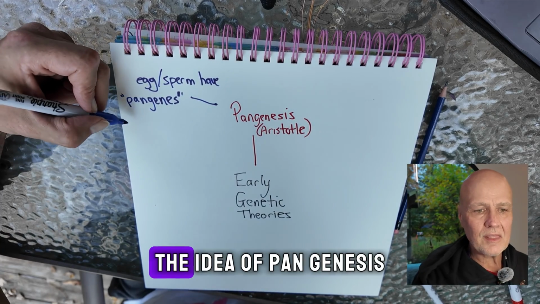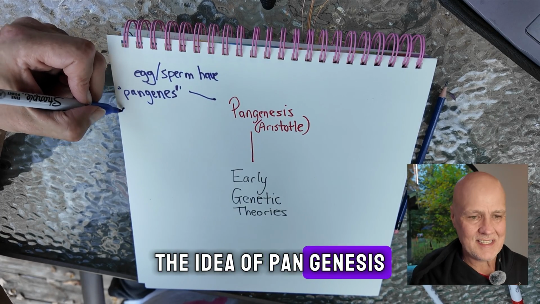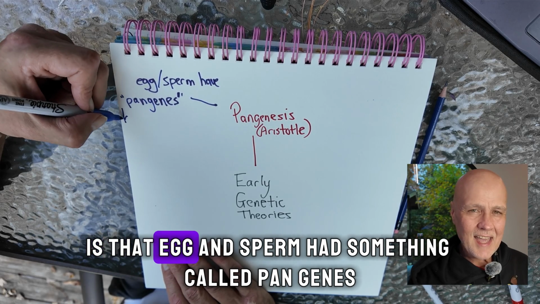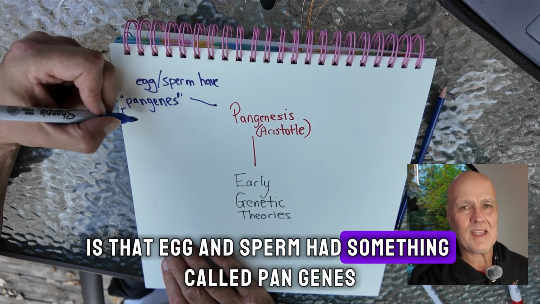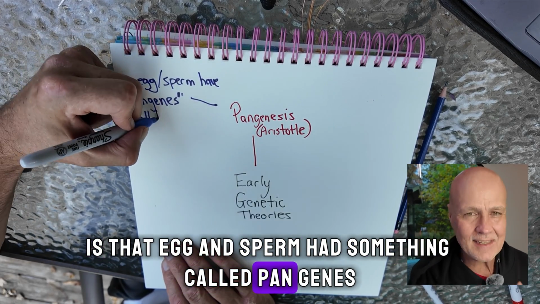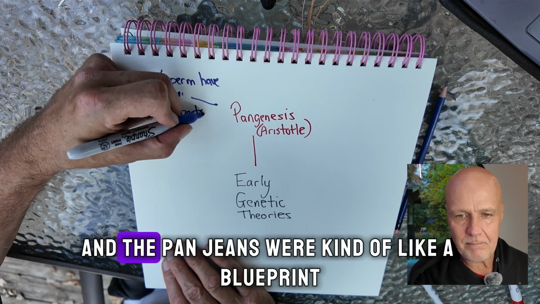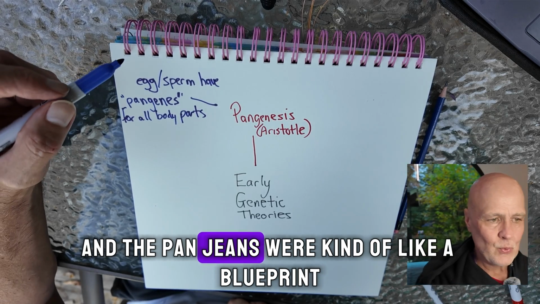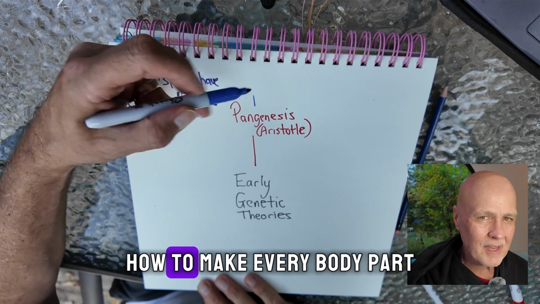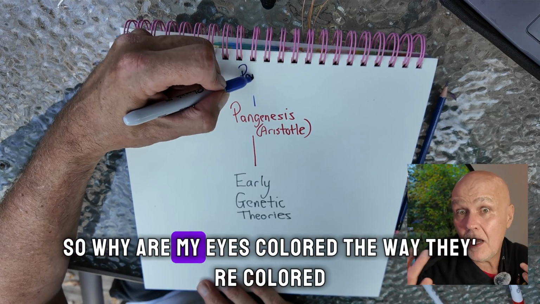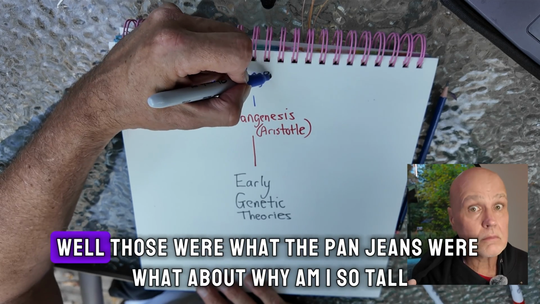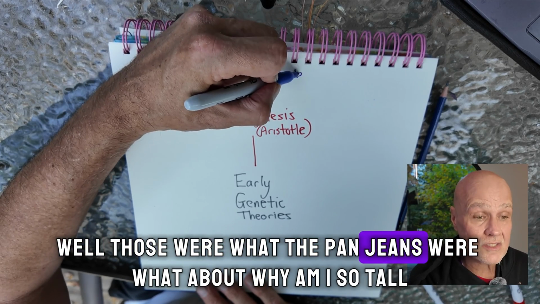So the idea of pangenesis is that egg and sperm had something called pangenes. And the pangenes were kind of like a blueprint for how to make every body part. I mean, okay, so why are my eyes colored the way they're colored? Well, those were what the pangenes were.